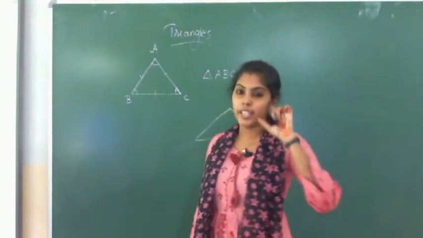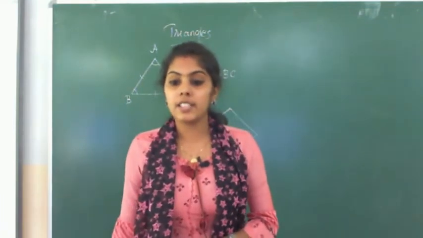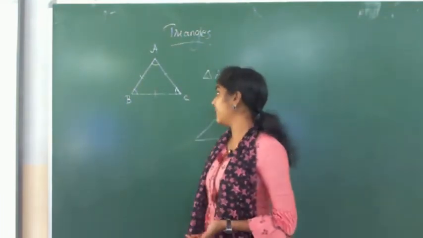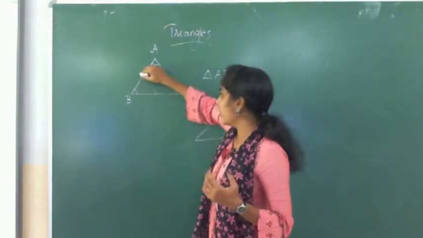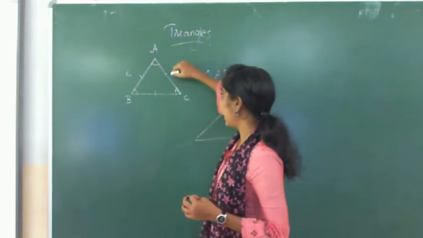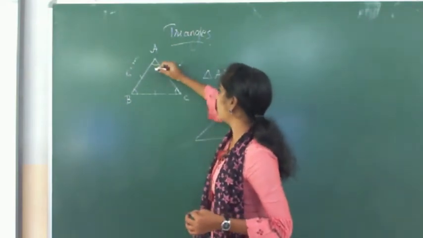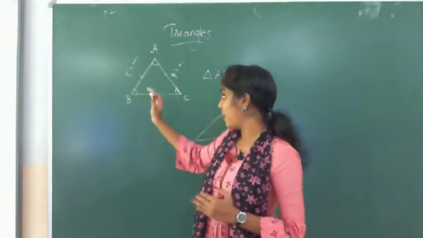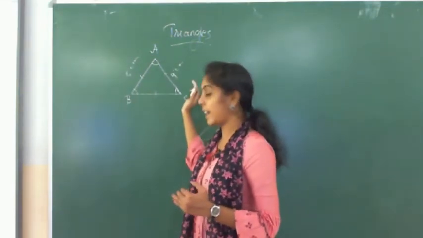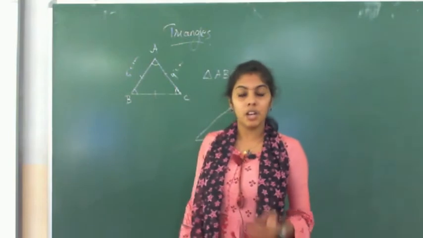Yes, a small triangle. Then next, the sum of the lengths of any two sides. Suppose this side is about 5 centimeter and this is about 4 centimeter. When we take the sum of these two sides, we get 9 centimeter.